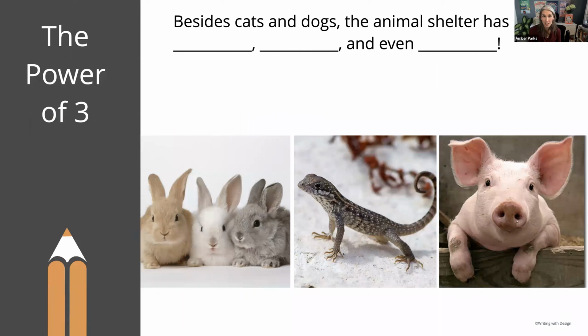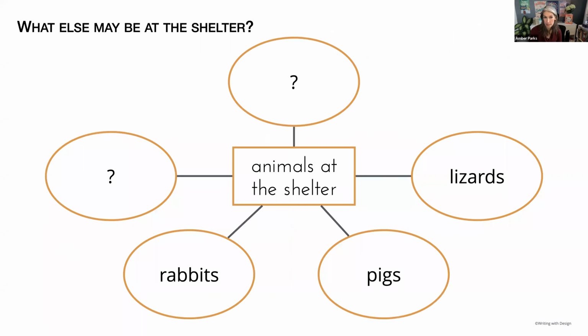So let's try this out. Besides cats and dogs, the animal shelter has blank, blank, and even blank. So we've got pictures here to support what we're looking for with this particular sentence. And it takes just a moment to do a brainstorming design, which is our go-to design to always get our brains thinking about what could we put into our writing.